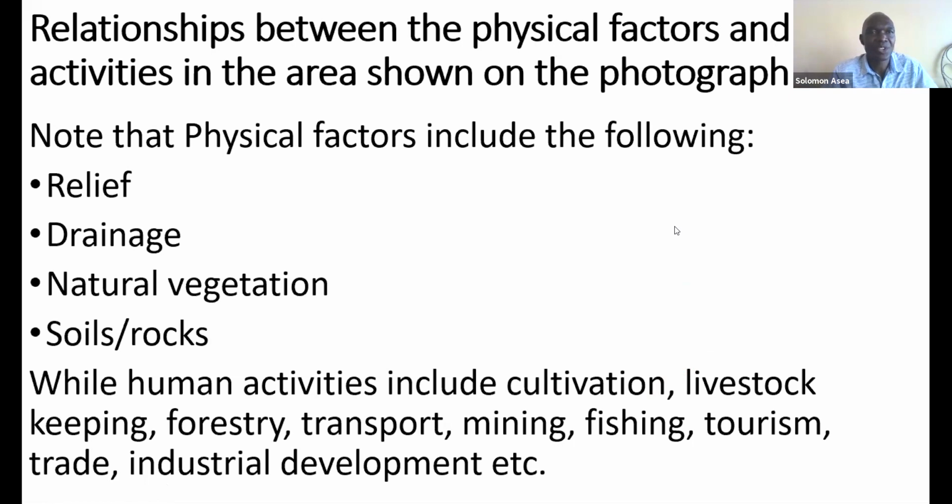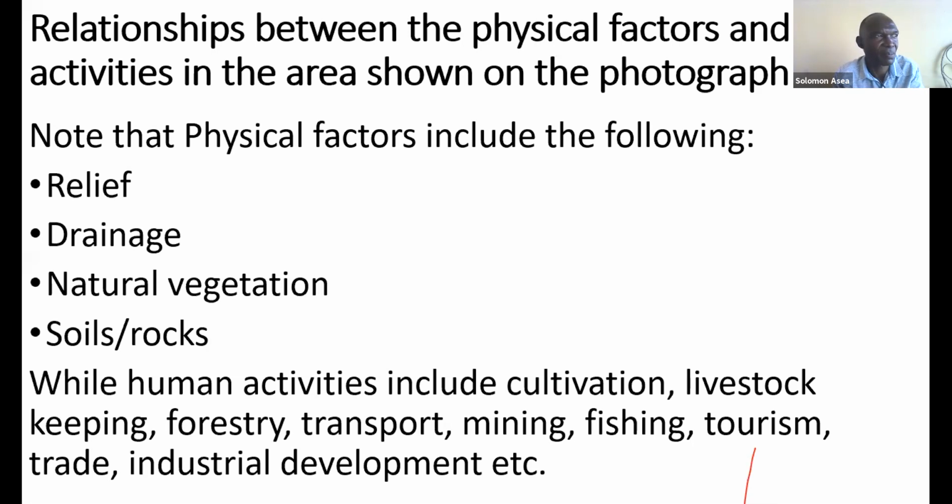So describe the relationship between the human activities or the land use activities in the area shown in the photograph. This is one area which is usually examined or tested, because we well know that geography is the spatial relationship between man and the environment.